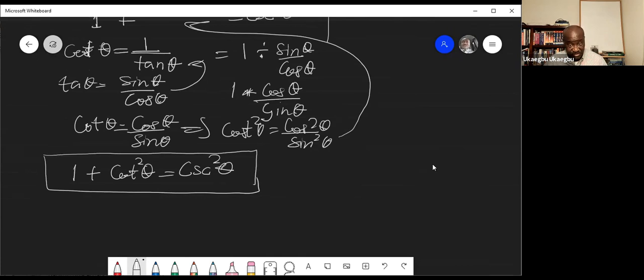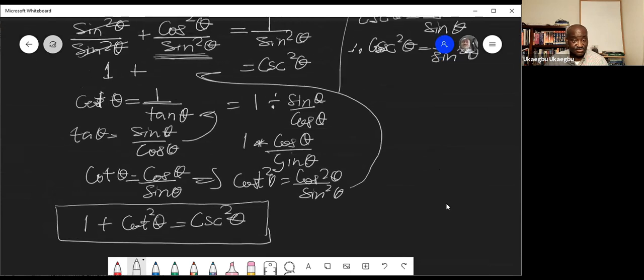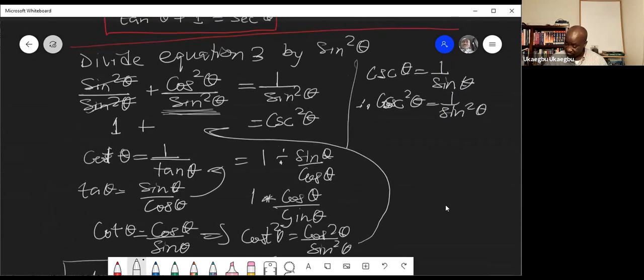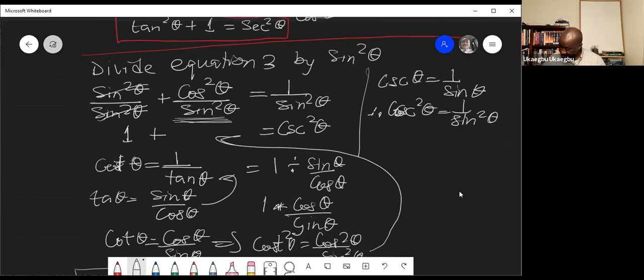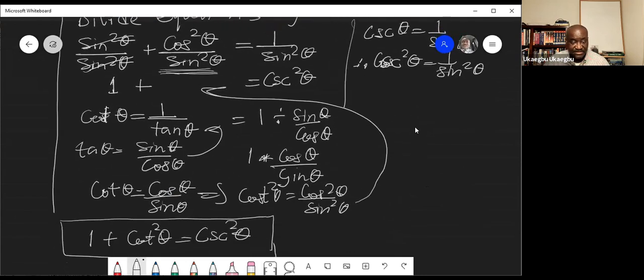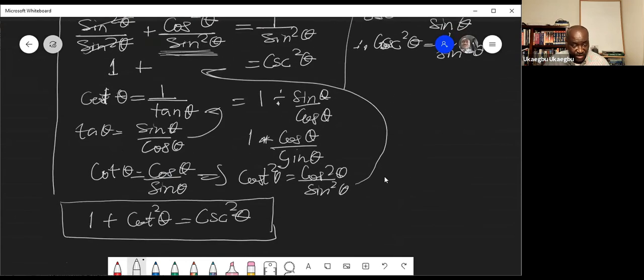If that's the question, then you need to do what I have just done here. If they are asking you to prove the formula, then you need to do this. On the other hand, if they are not asking you to prove the formula, then just use the formula, solve the problem and move on.